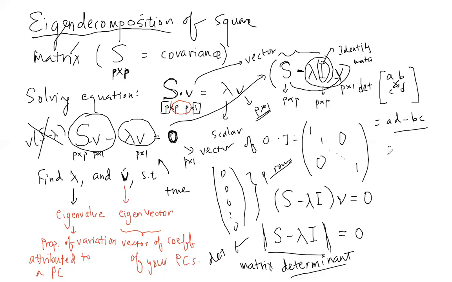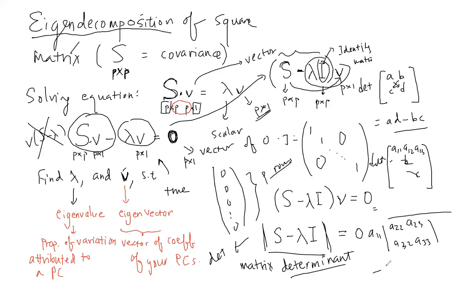If you have a larger matrix, the determinant is actually slightly more complicated. Actually, there are 9 terms here. So the determinant here will involve something like this. Here it will be A11 times the determinant of A22, A23, A32, and A33. Then minus A12 times the determinant of this part.